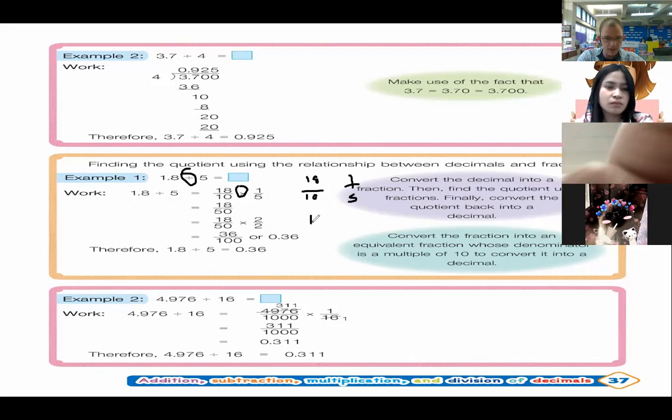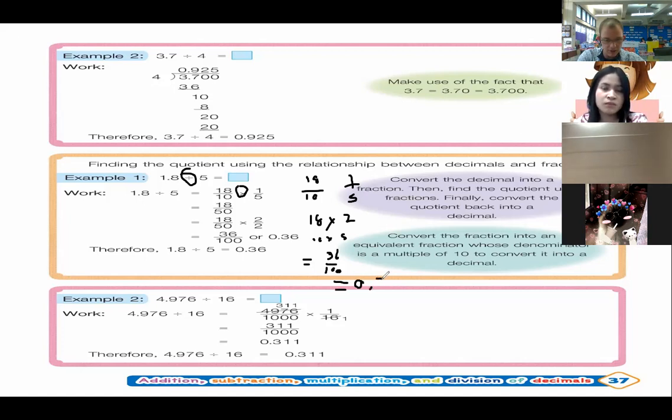So it will be 18 times 1 over 10 times 5. 18 times 2 is 36 over 100, which will give us 0.36. But I don't like this method because we need to practice new methods.